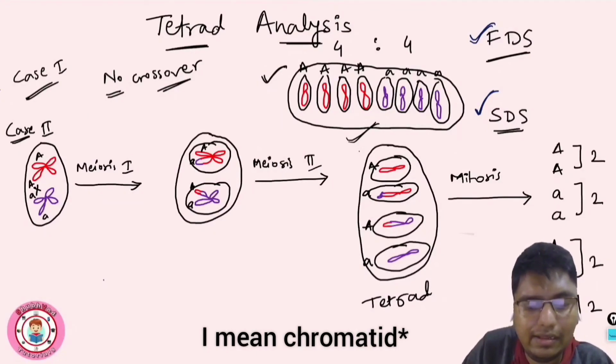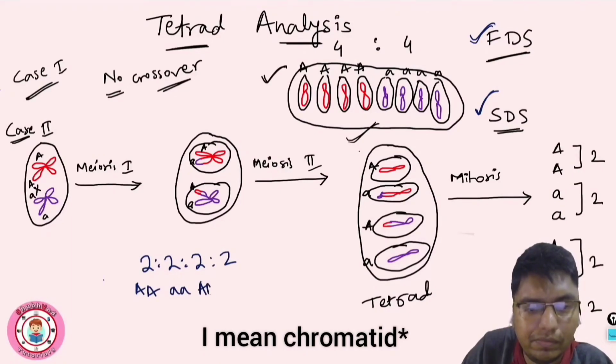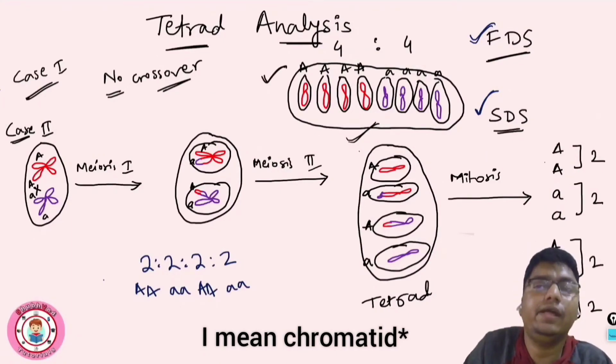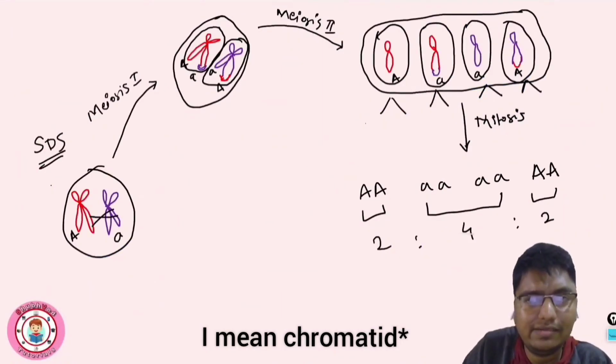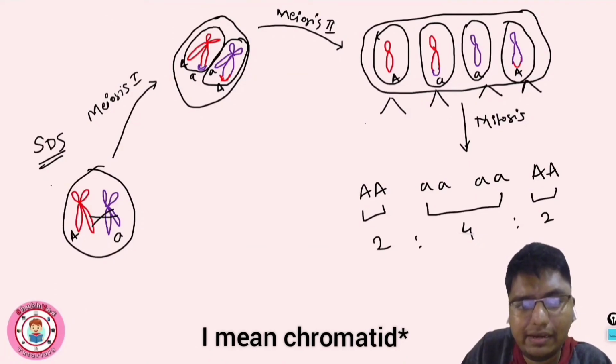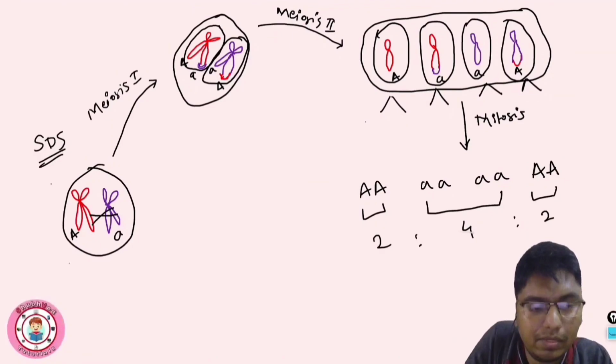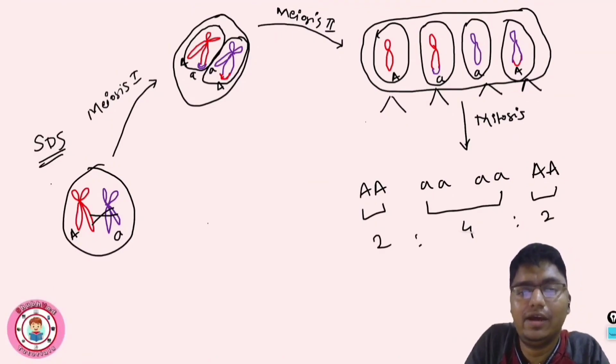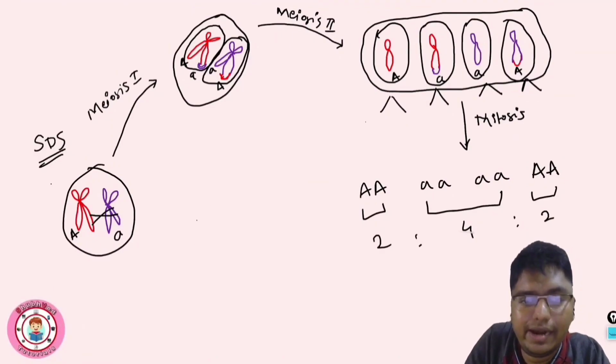In the second division segregation case 1, this is the ratio, right? And in the second case of SDS, there is crossover between second and fourth chromosome, and thus we see a ratio of 2:4:2, okay. Got it?